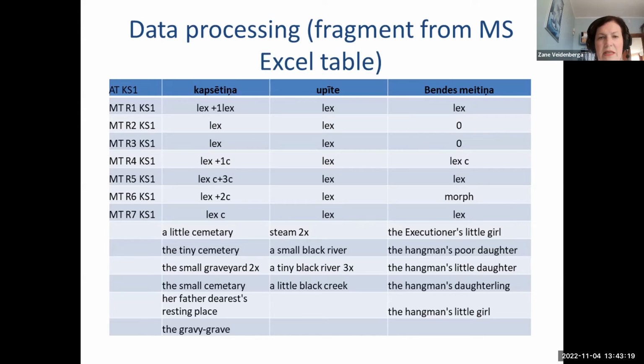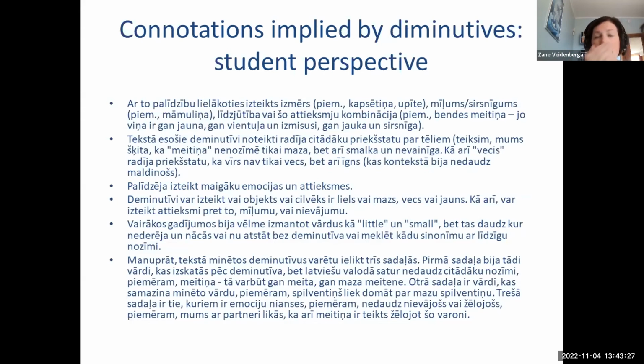And here you see this is looking at the unit level, word or phrase level, but I looked also at these translations when analyzing them qualitatively, also at the whole paragraph level, not only on word or collocation level.